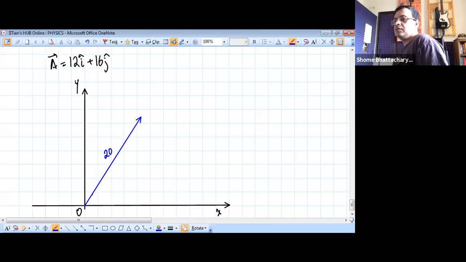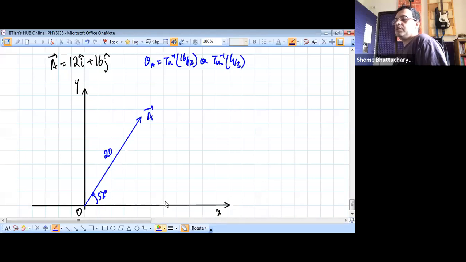It's of magnitude 20, and this angle it is making is 53 degrees, okay, because theta makes tan inverse 16 by 12 or tan inverse 4 by 3. Okay. So that is vector E.